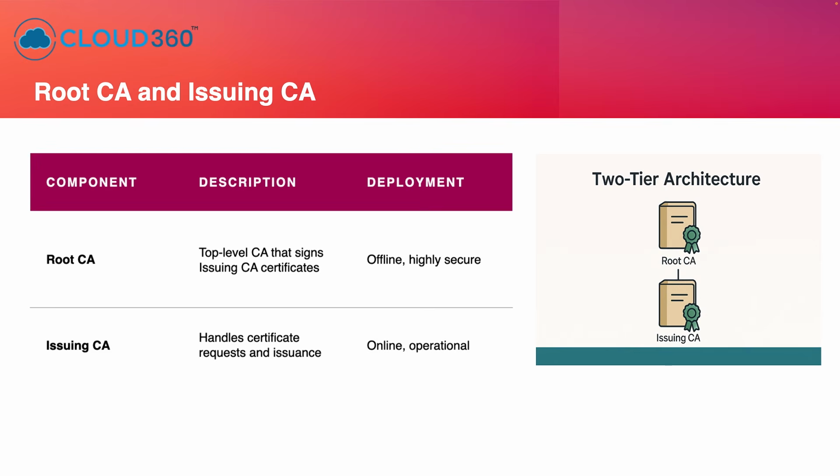This separation ensures that the root CA remains secure from any potential network threats, while the issuing CA can efficiently manage these certificate operations. This architecture allows organizations to maintain a high level of trust and security while supporting the operational needs. A visual diagram shows the root CA at the top, which is connected to the issuing CA or subordinate that is delegated to issue the certificates by the root CA.